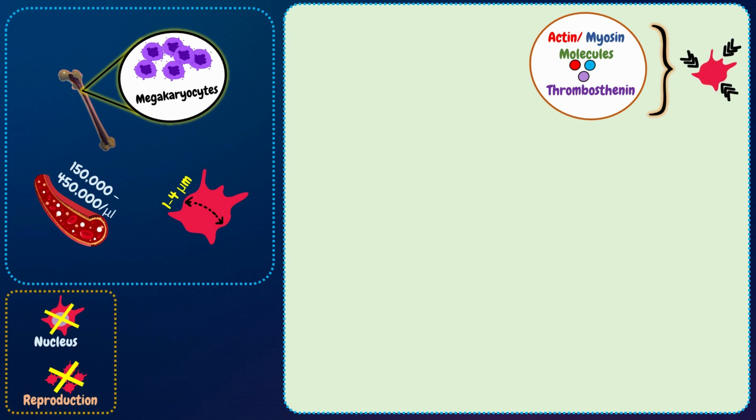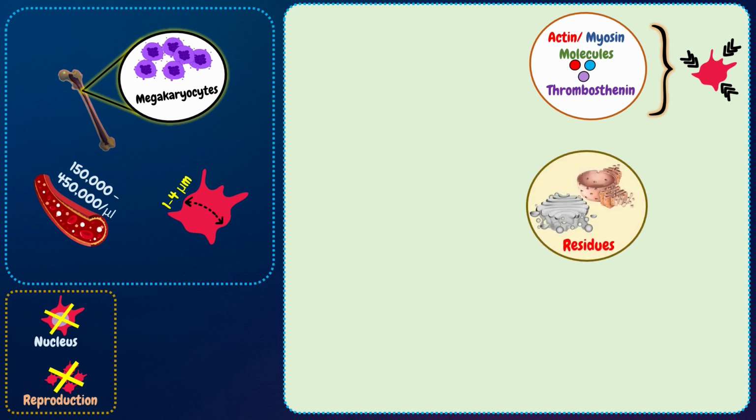In their cytoplasm are residuals of both the endoplasmic reticulum and Golgi apparatus that synthesize various enzymes and especially store large quantities of calcium ions.